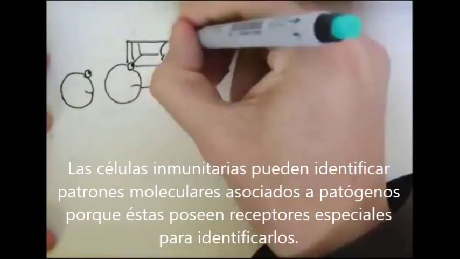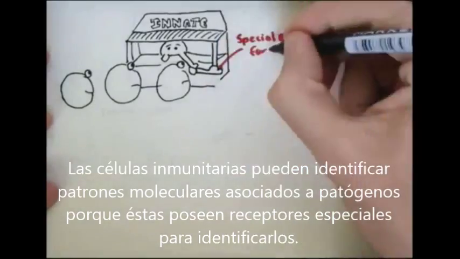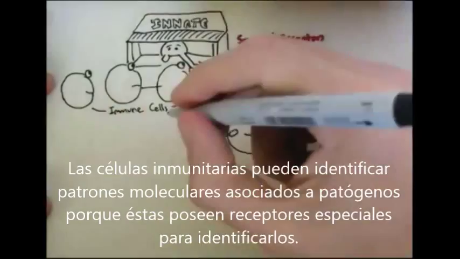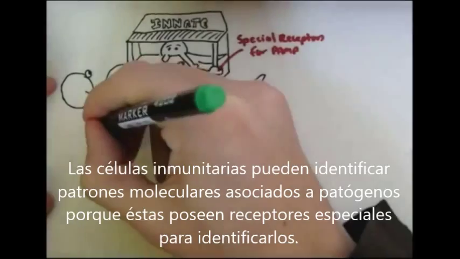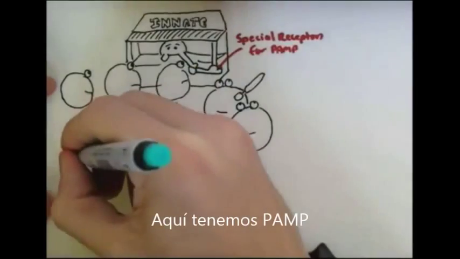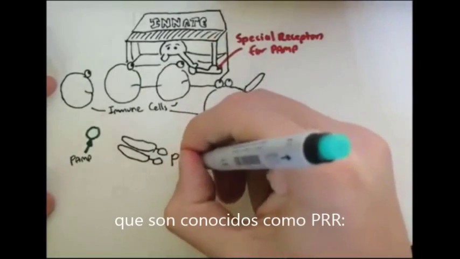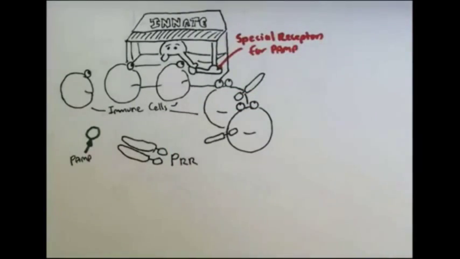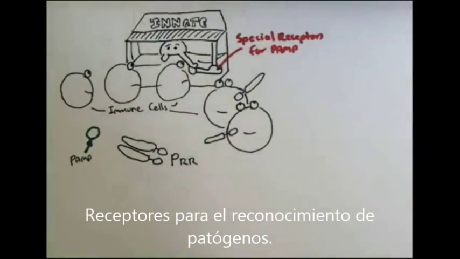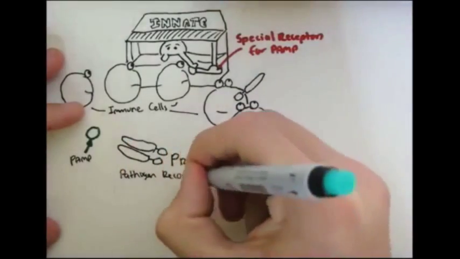Now the immune cells can identify these pathogen-associated molecular patterns because the innate immune cells have special receptors to identify them. So here we have a PAMP, and the receptor for PAMP is referred to as PRR, pathogen recognition receptors.